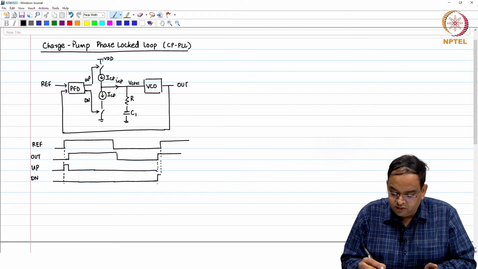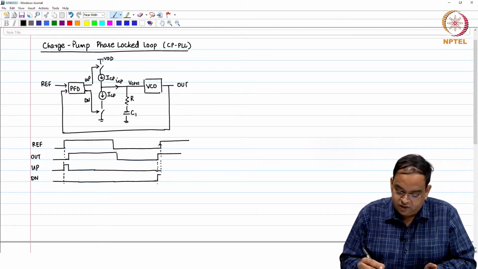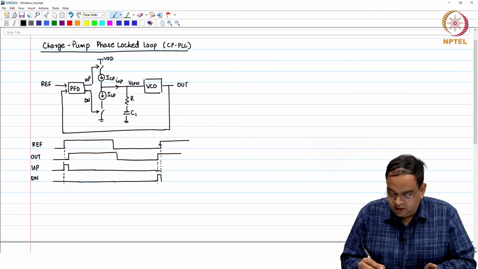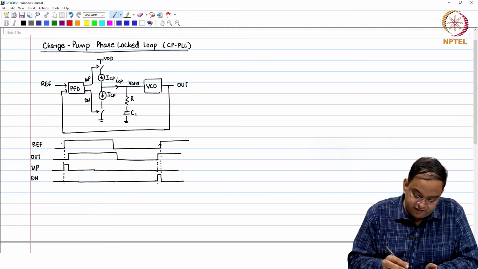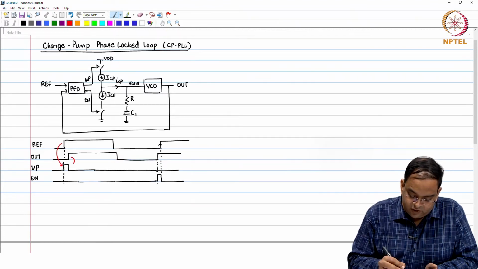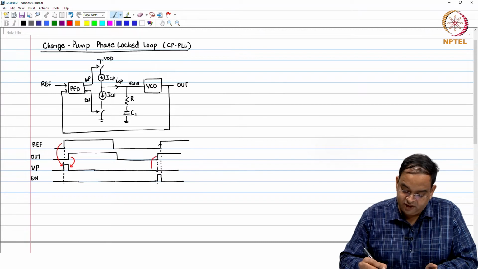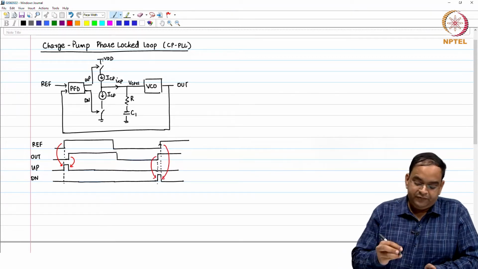Your out pulse goes high, and then when you have a rising edge on reference, your down pulse goes low. So, effectively your reference is triggering this, your output is triggering this. Similarly, here. So, these are your reference and out pulses.